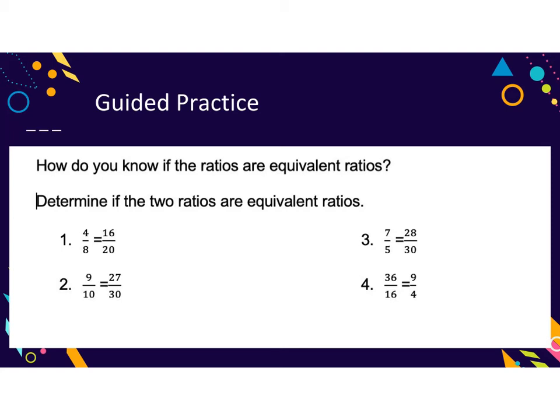So how do we know if the ratios that we see are equivalent ratios? They must be multiplied or divided by the same number in order to be equivalent.